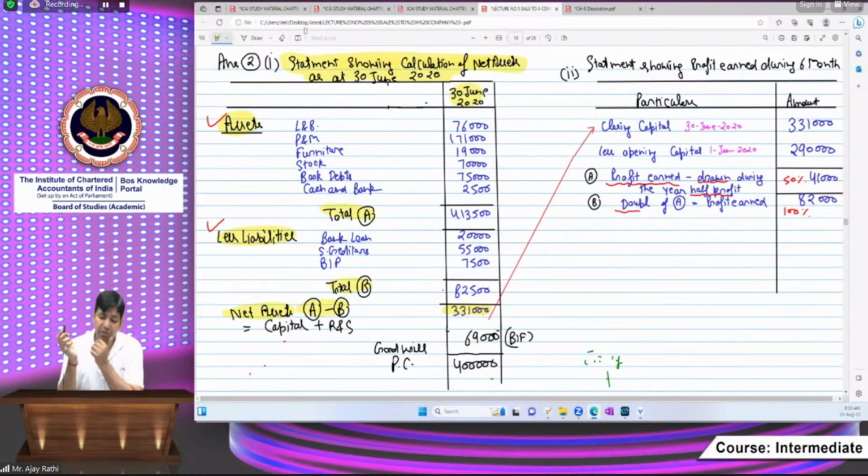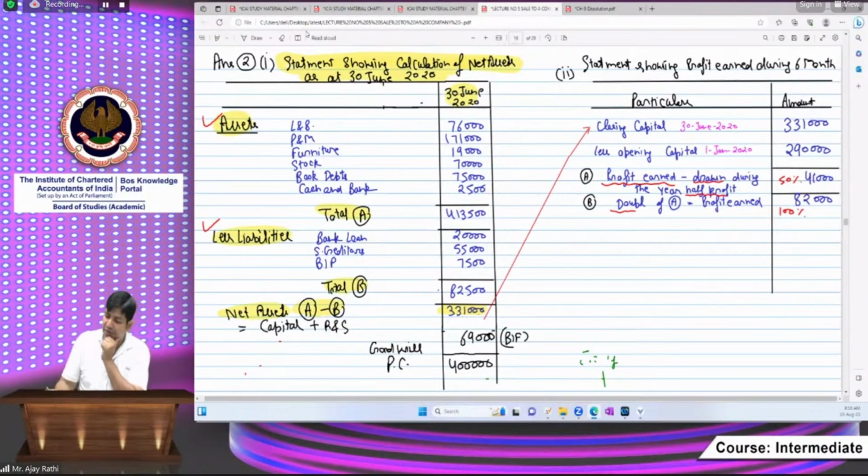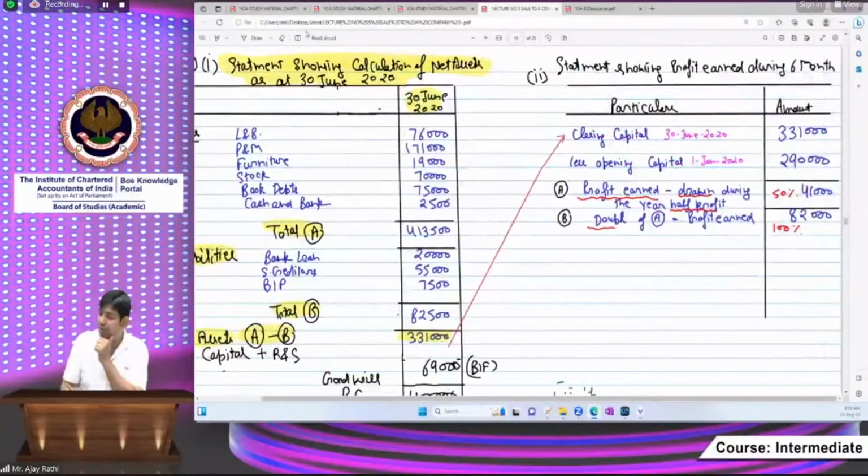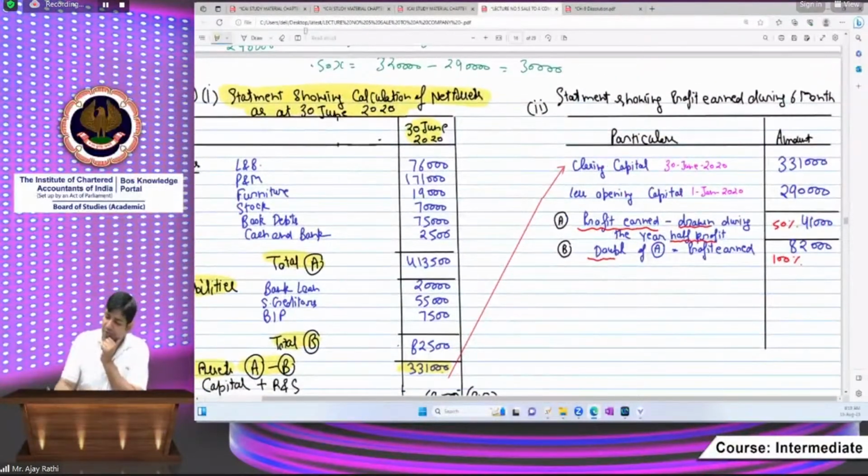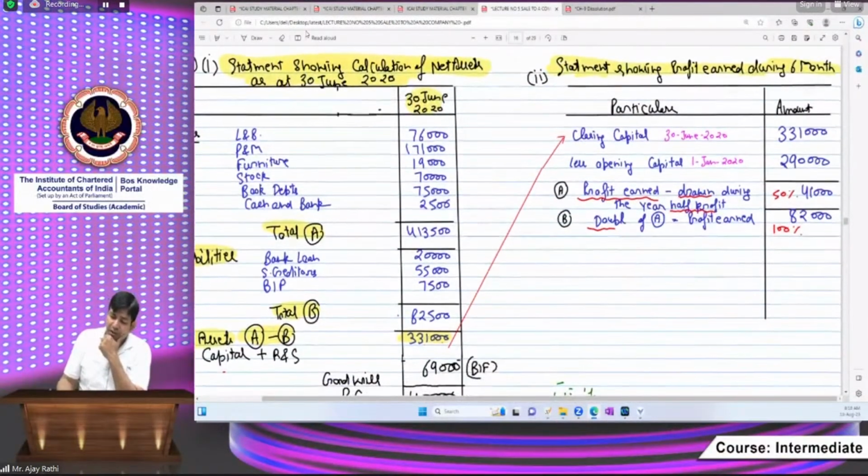Another statement you will need is the statement showing calculation of profit earned. I am not going with the figures, since I am showing you the solution through PDF to save your time and to utilize the time for maximum discussion. So you will be preparing only the highlighted portion you are seeing, the equation.